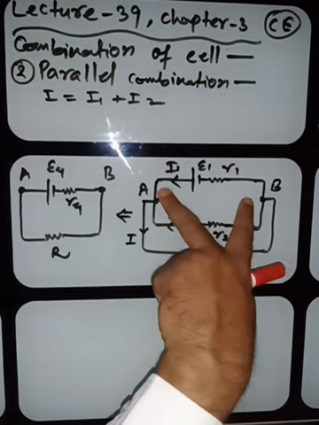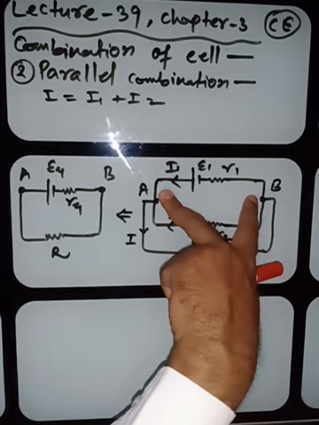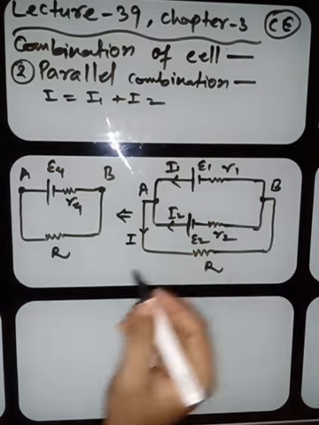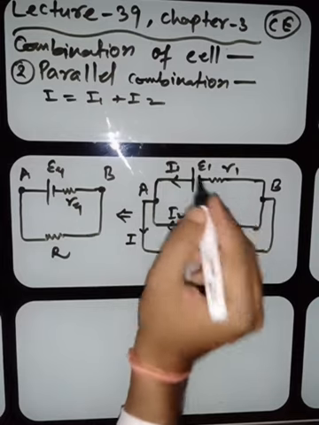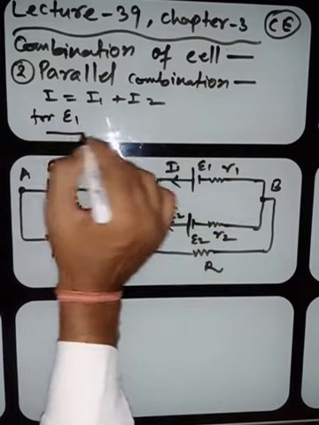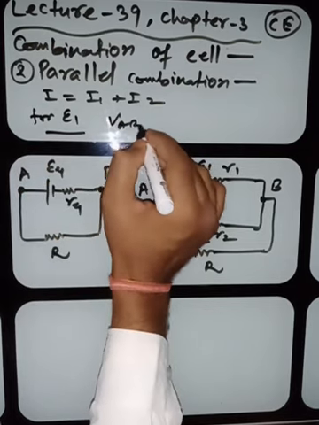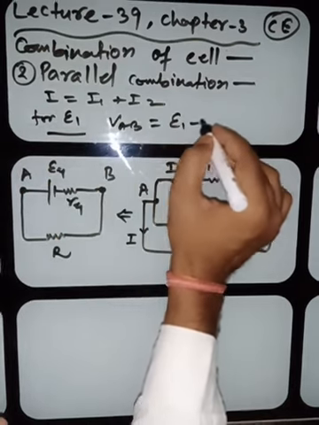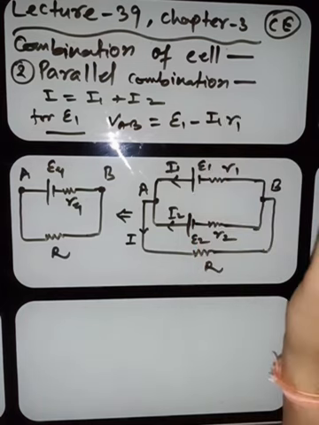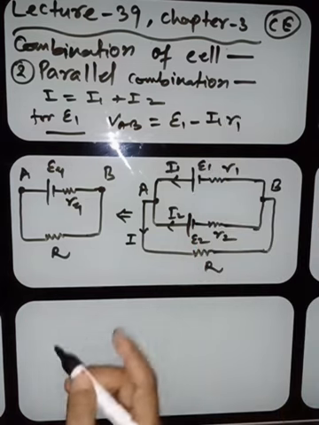It means we can write the potential difference VAB is E minus IR, and so we can write VAB for which cell? E1. For E1 we can write VAB is E1 minus I1 R1. Any problem? No. It is E1 minus I1 R1.